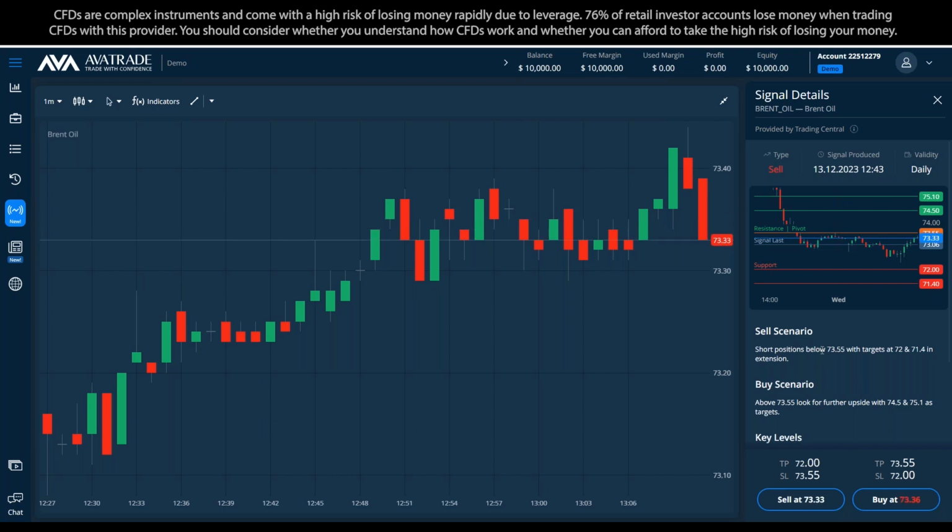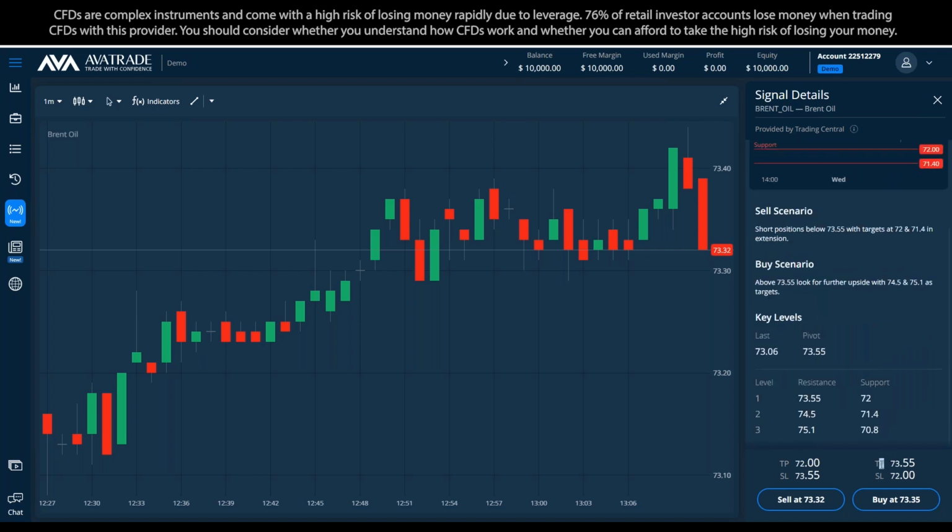Otherwise, you can't really understand the meaning of the signal unless you understand what's happening here. So the signal, as you can see, is made with certain levels on the chart that it can potentially get to and get you profit or, God forbid, loss. Okay, and you can see that it's summarized with take profit and stop loss.